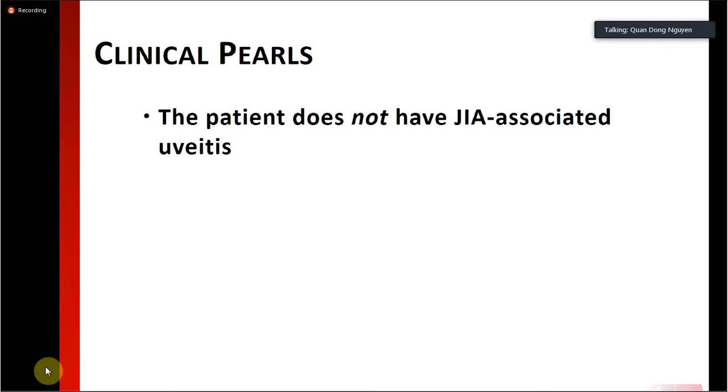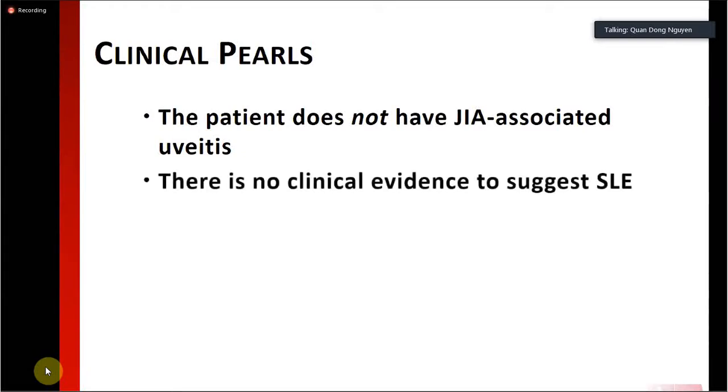Or sometimes called Blau syndrome, that may look like sarcoid in young children. Does the ANA mean anything much here? So there's no clinical evidence to suggest lupus in this case, correct? Because the patient doesn't have any other findings. So how do you think we should now move forward to treat this patient?